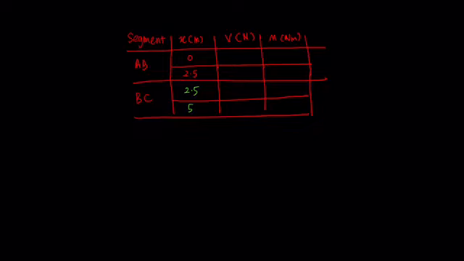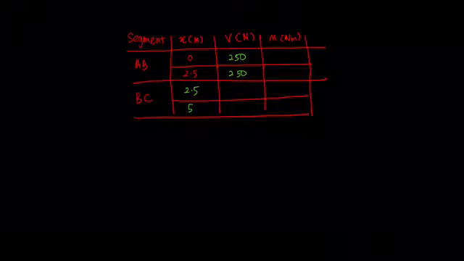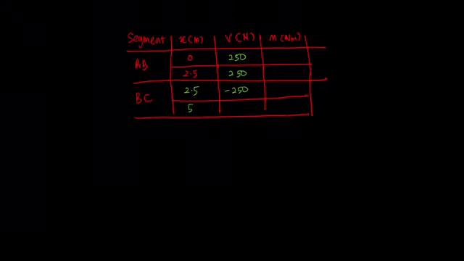So when x is equal to 0, V is equal to 250. When x is equal to 2.5, V is equal to 250 for segment AB. And for segment BC, when x is equal to 2.5, your V is equal to negative 250.